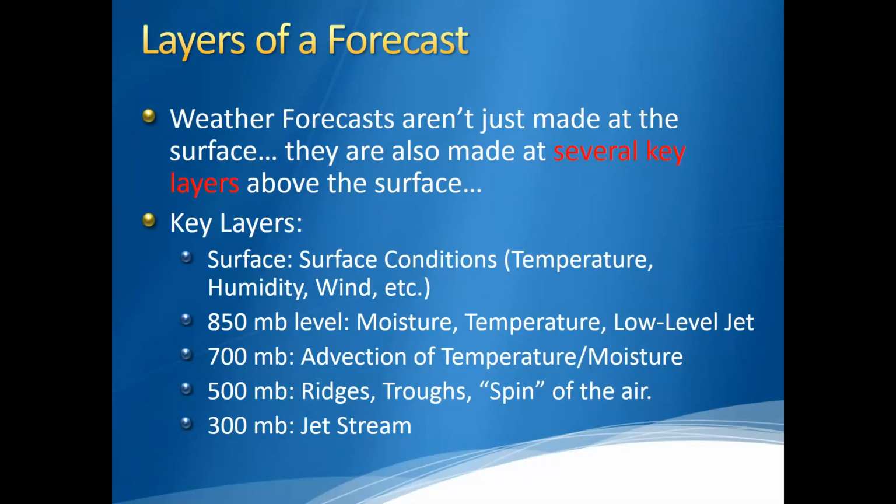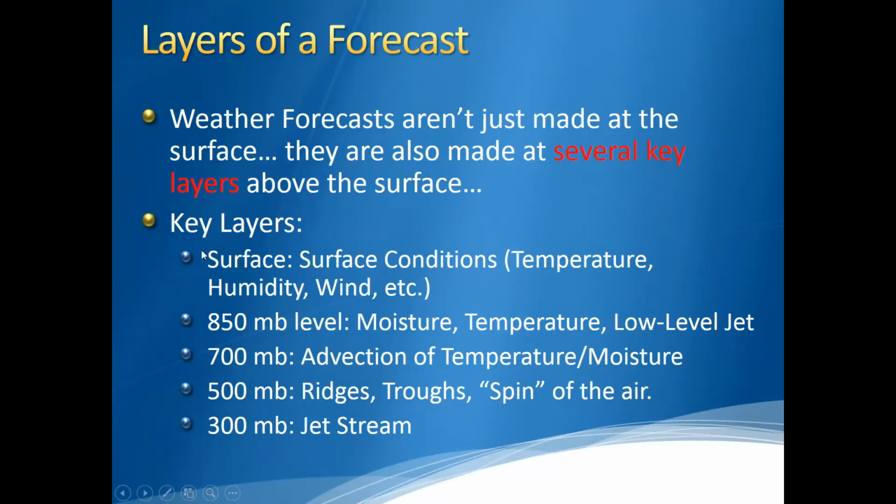I've written these layers down here, and these are the primary layers. There are other layers that we look at, but these are the primary layers. Obviously, at the surface, we're looking for surface conditions, things such as what the temperature is, what the wind speed is, what the humidity is. And at the end of the day, this is what we ultimately care about as people. But this is greatly influenced by what's happening aloft.